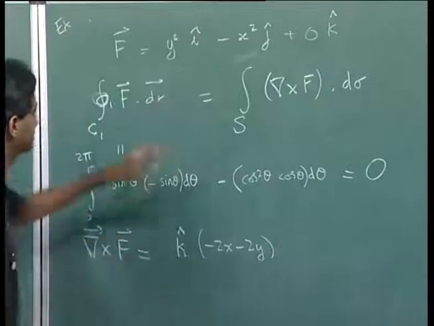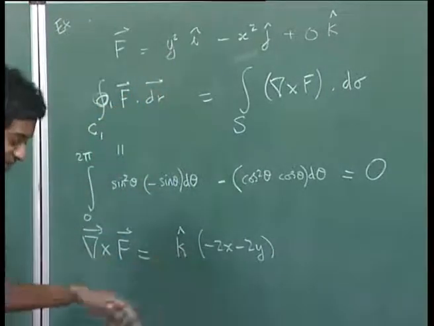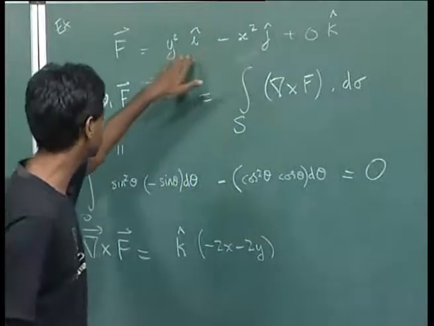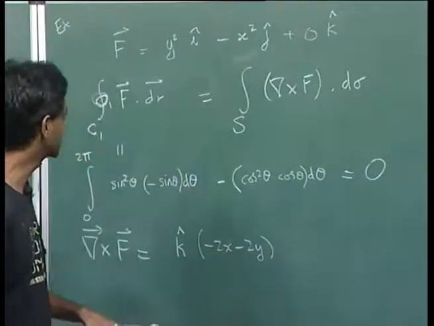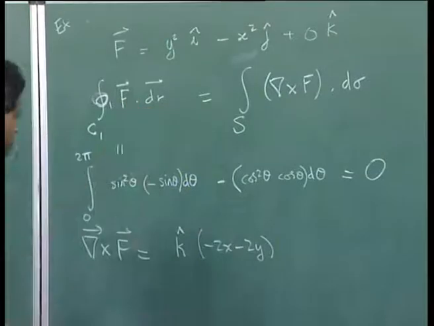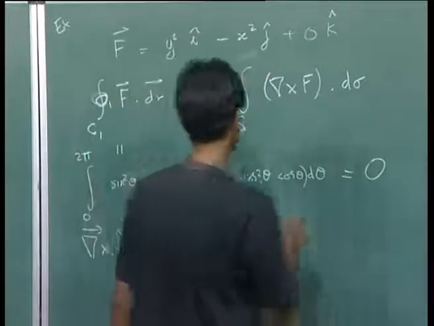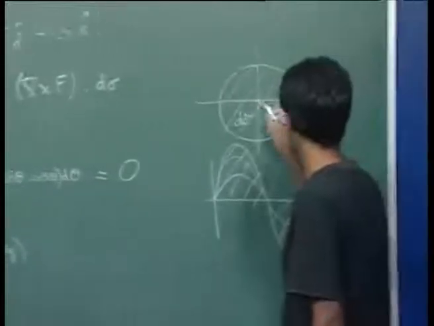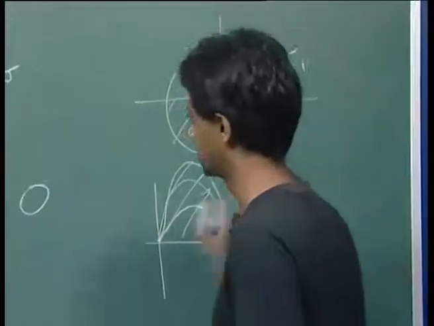Okay, so you can take the curl of this force field and you will get this answer. Since the vector field is localized to the xy plane, the curl will be localized to the z direction. And now what you have to do is calculate the surface integral. Now for the surface integral, you have to put the limits carefully so that you trace out the entire circle.